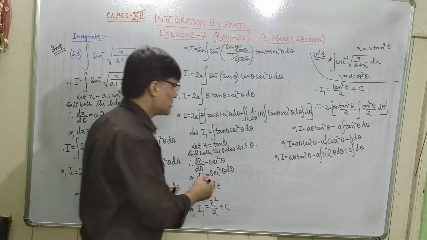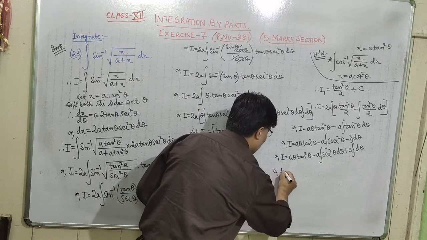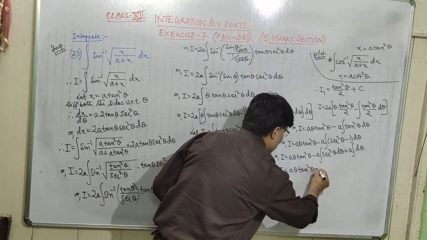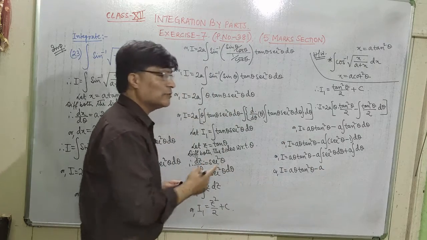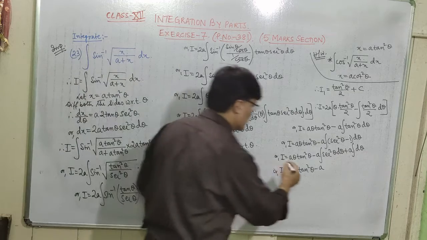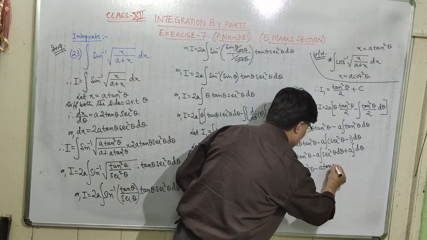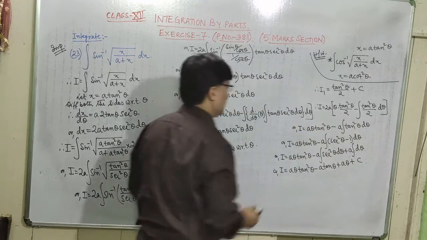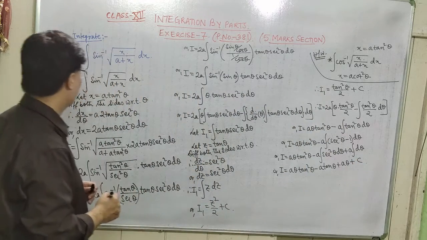Clear? Now next, what is integration of sec square theta? Differentiation of which function is sec square theta? That is tan theta, right? So it is minus a tan theta plus a theta plus c. Integration of d theta is theta.